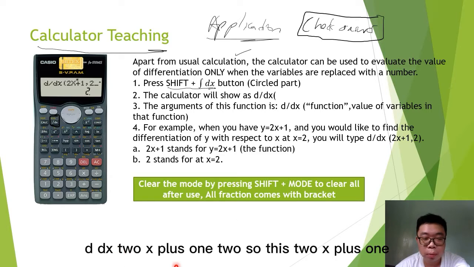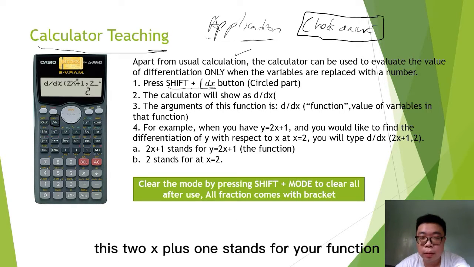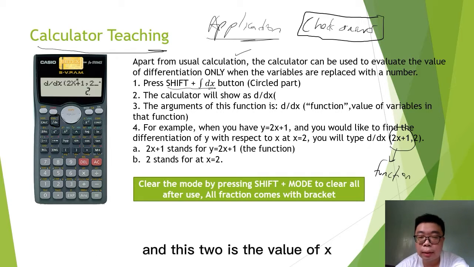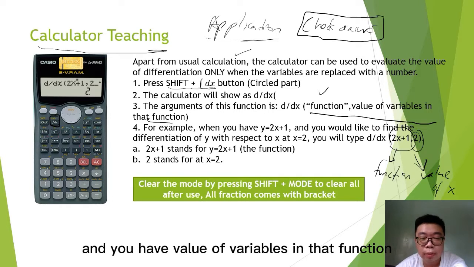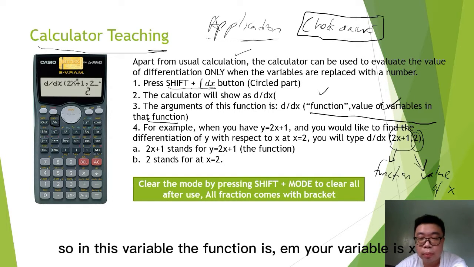So this 2x plus 1 stands for the function, and this 2 is the value of x. You have the function, and you have the value of the variable in that function. In this case the variable is x.